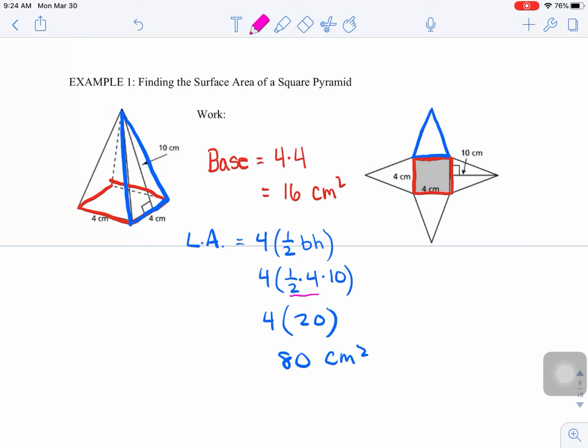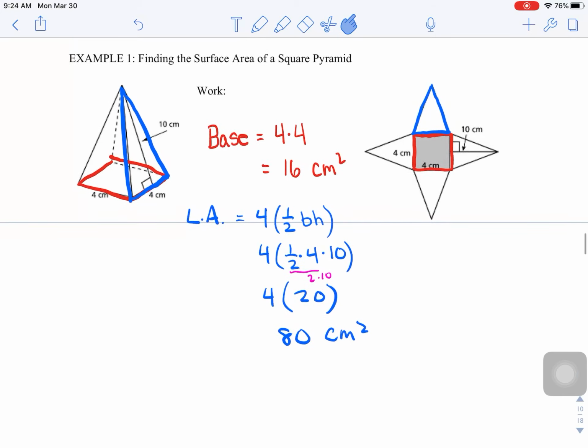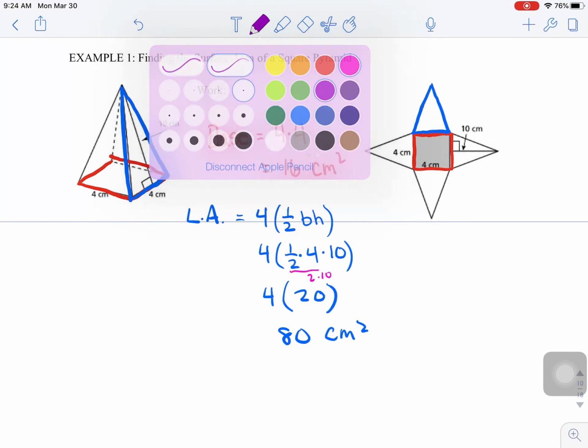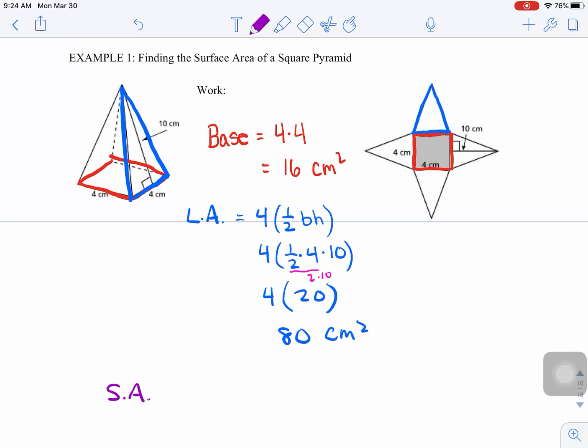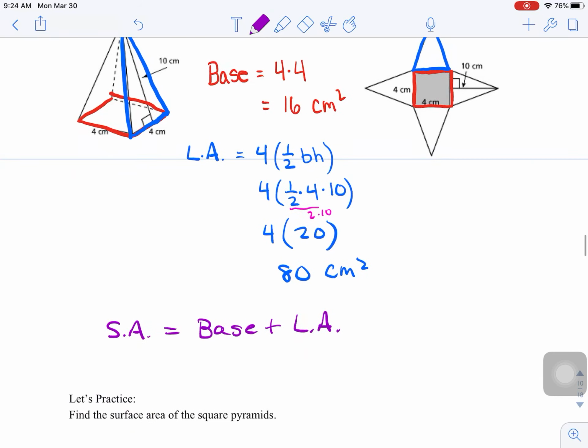I said half of 4 was 2, and 2 times 10 gave me 20, so 4 times 20 is 80. Or use your calculator. And then we know that the surface area is the sum of the base and the lateral area. So if we add 16 and 80 together, we get a surface area of 96 centimeters squared.